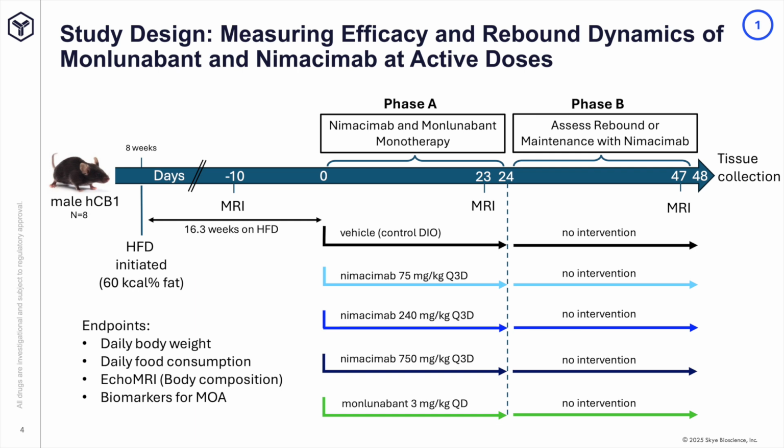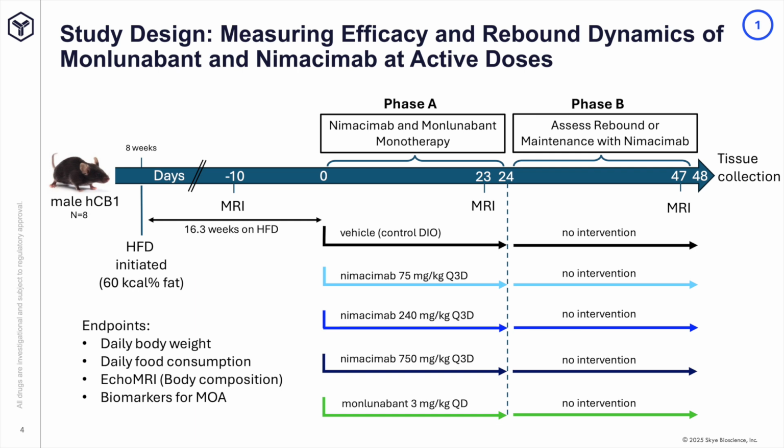That is bookended by 75 mg per kg every 3 days in our DIO model, being very similar to our current phase 2 clinical dose, potentially slightly lower, with our 240 mg per kg every 3-day dose in the DIO model being slightly higher than our current clinical phase 2 dose.